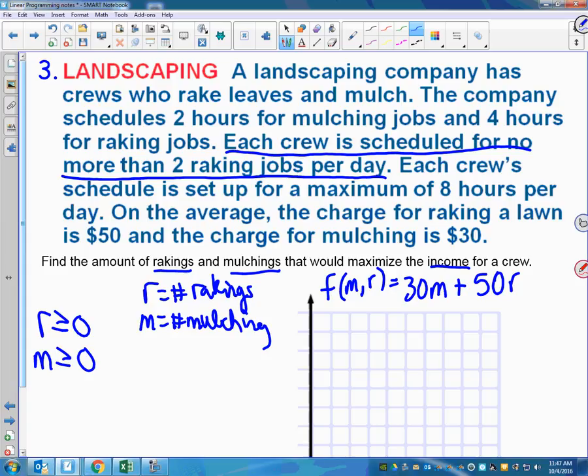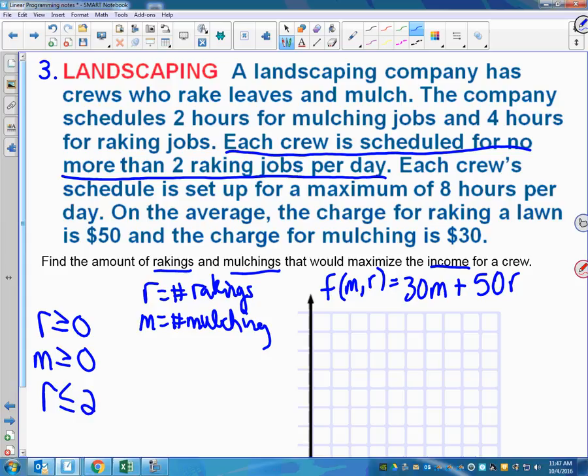So we know R has to be greater than or equal to 0. What does it have to be less than or equal to? Because I can't have any more than 2, right? So I could say R has to be less than or equal to 2. Carl, what are you going to say? So, any kind of restrictions there.